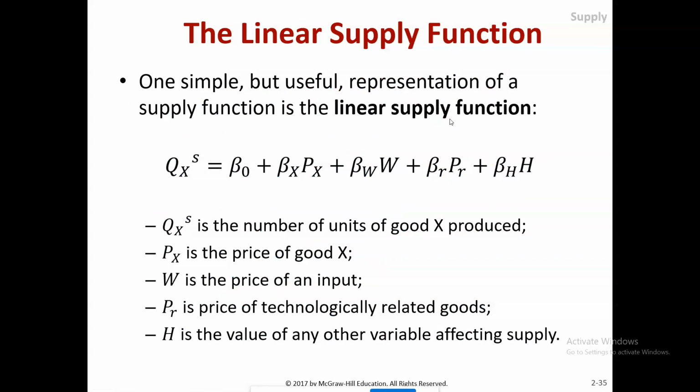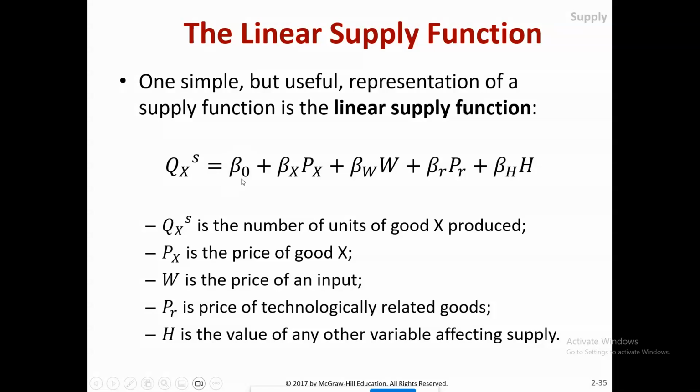Now, here's an example. This is a simple, very useful mathematical expression for the supply function, and it is linear. The left-hand side is a quantity, and here it is the quantity supplied, where subscript S represents supplied, for any product X.